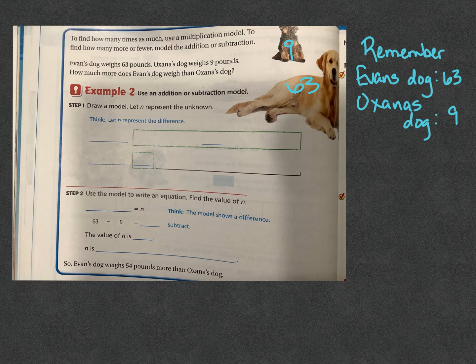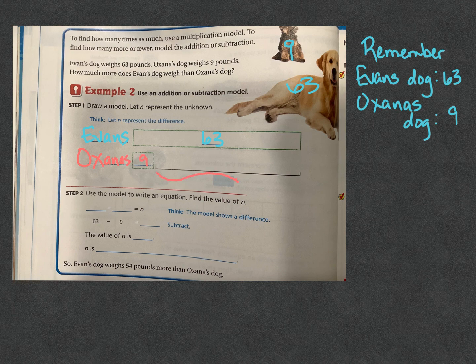So how does this look in those terms? We have Evan's dog weighing 63 pounds here, and Oksana's dog weighs 9 pounds. How much more does Evan's dog weigh than Oksana's dog? So we have Evan's dog, which we know is 63 pounds, and Oksana's dog weighs 9 pounds.